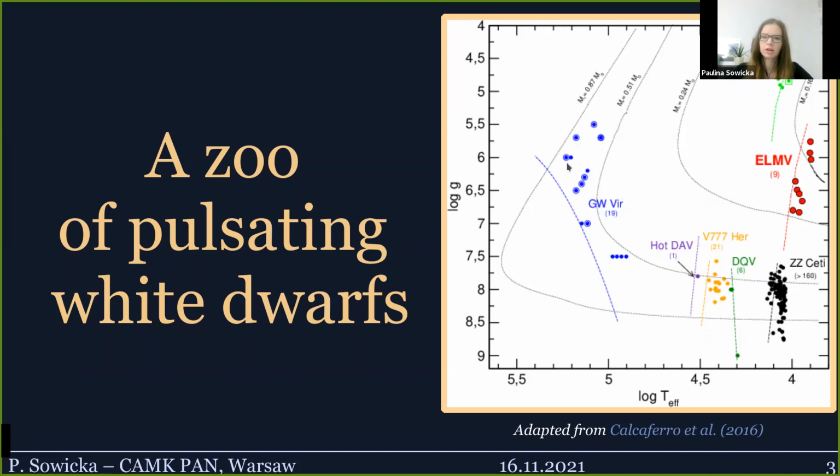The GW Vir stars that I'm interested in span a large range of surface gravities, as you can see, and of course of the effective temperatures as well. Some of these stars are still surrounded by planetary nebulae, as you can also see in this overlaid point.